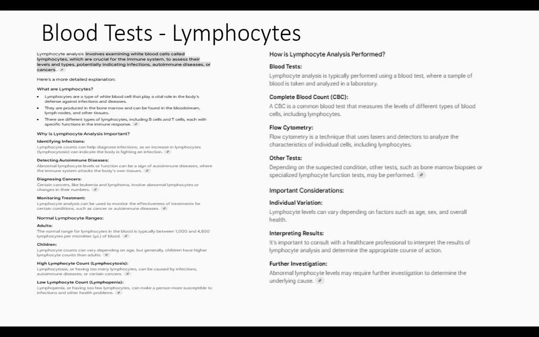They're produced in the bone marrow and can be found in the bloodstream, lymph nodes, and other tissues. Why is this analysis important? Identify infections, check for autoimmune disease, diagnose cancers, monitor treatment, and so on and so forth. How is this analysis performed? Blood tests, CBC, flow cytometry, and other tests.